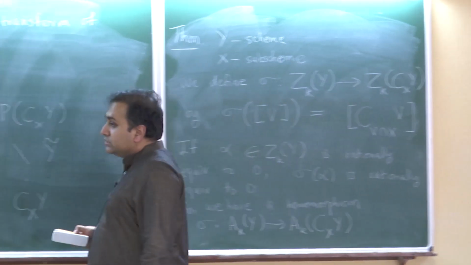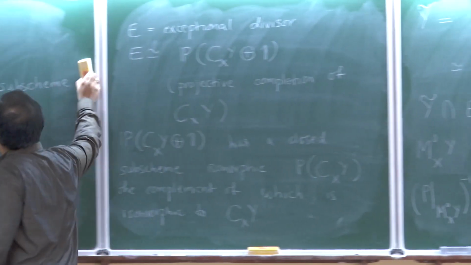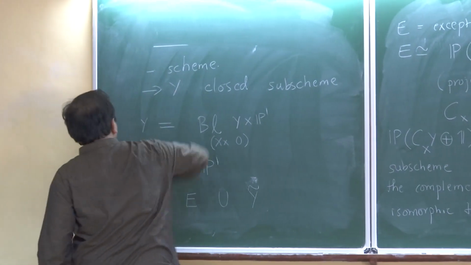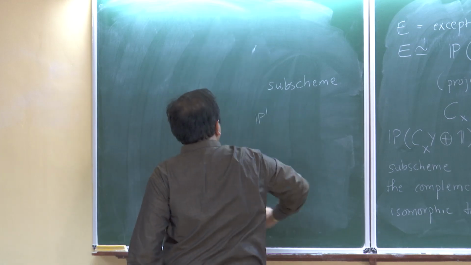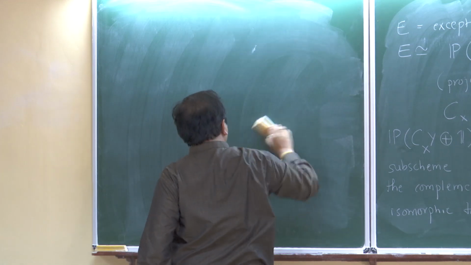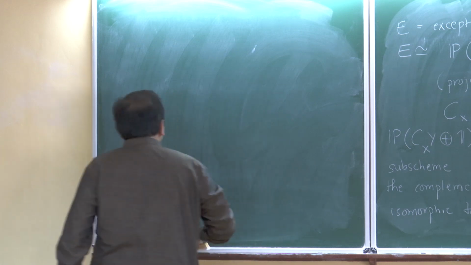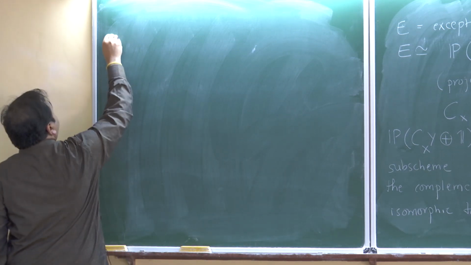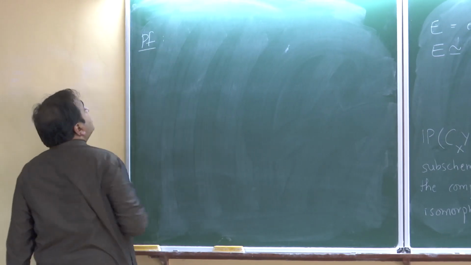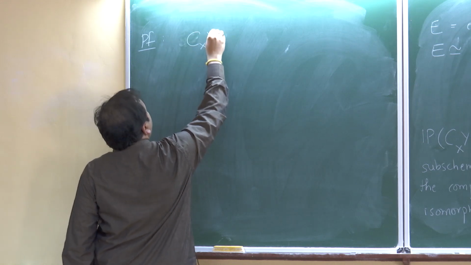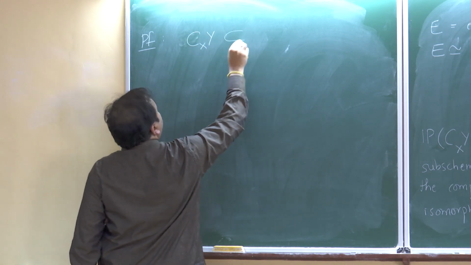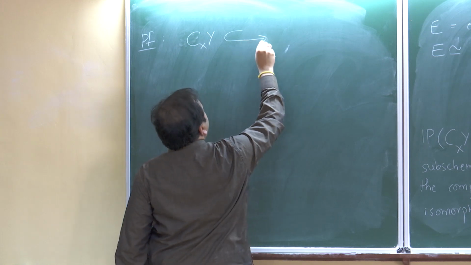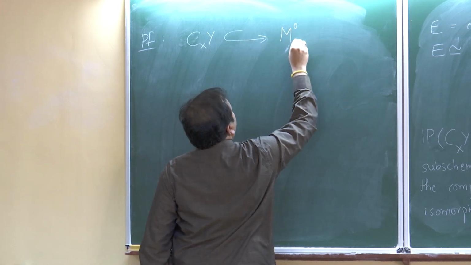Fortunately we have all the machinery that we need for this. So, proof. You have C_XY sitting in M_0 XY.